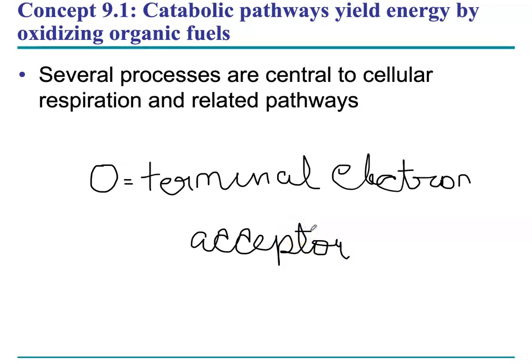What do we mean by that? Oxygen is a very, very electronegative molecule. What does electronegativity mean? Electronegativity is the ability of an atom to pull an electron towards itself. So since it is very electronegative, it is able to pick up the electron that is generated in this process.